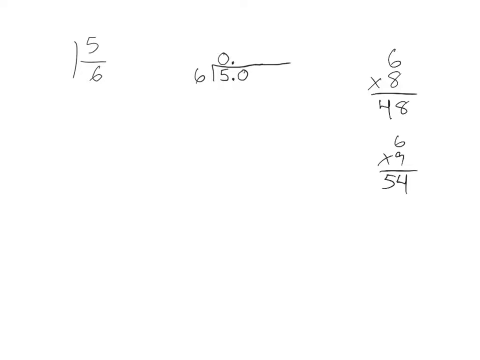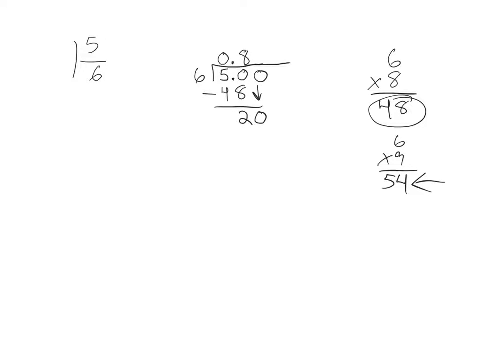And we're going to see, well, this was too big, and this one's going to be the one that actually works, right? So you just try a whole bunch of multiplications in your head until you get one that works. So 6 actually fits into 50 8 times, and 8 times 6 gives us 48. So remember, we always subtract those two numbers, and you get 2. And don't forget to bring down that next digit, which is a 0.